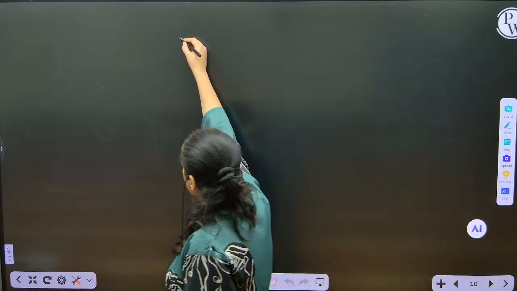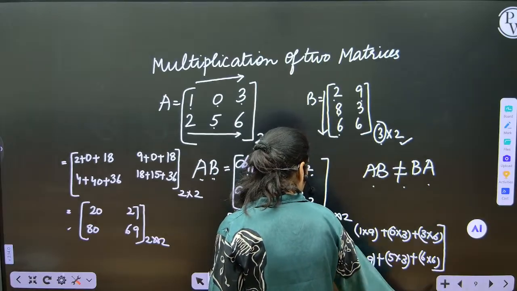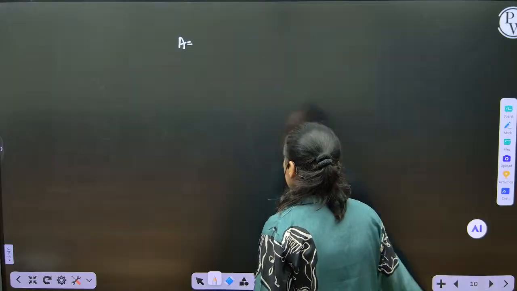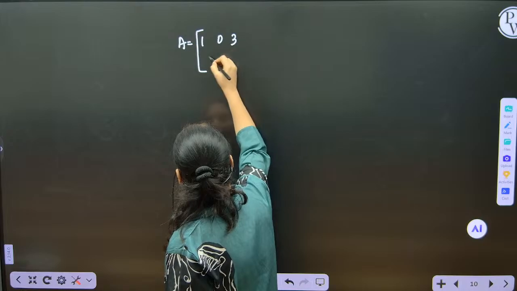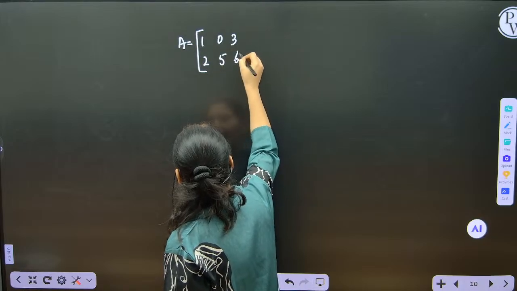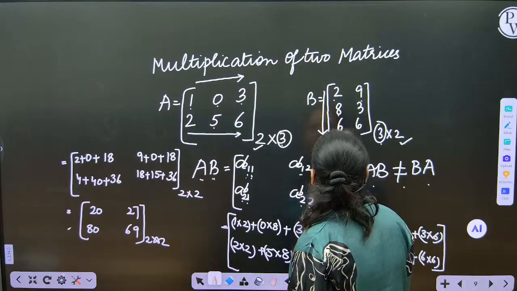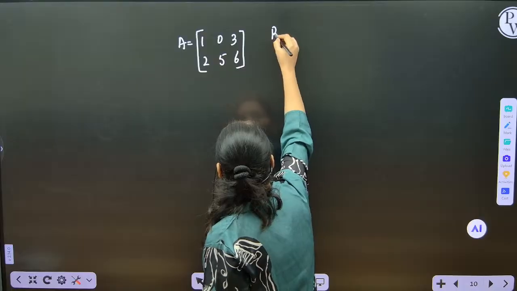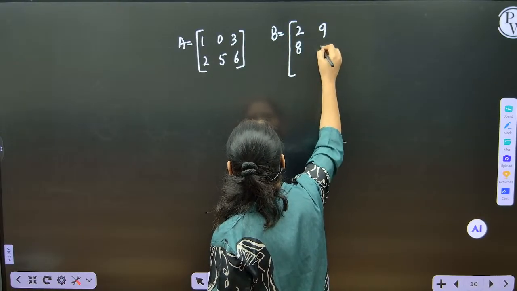Which two matrices were there? A was 1 0 3, 2 5 6, and B is 2 9, 8 3, 6 6.